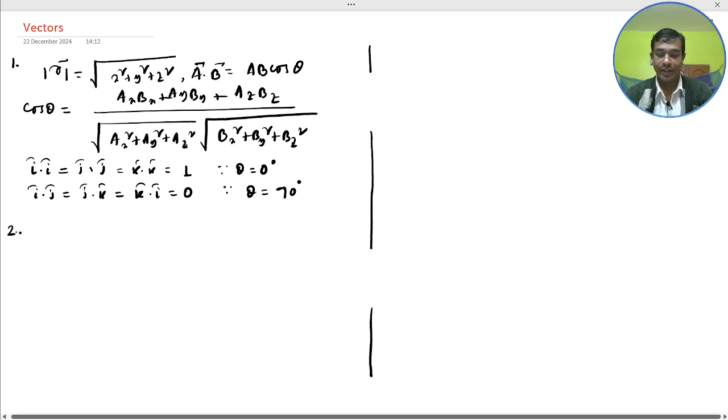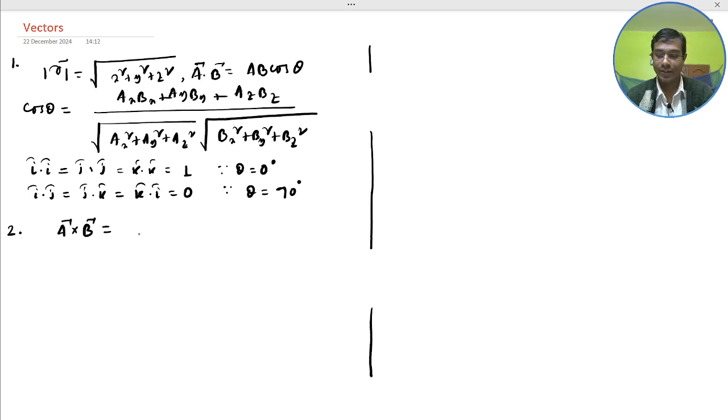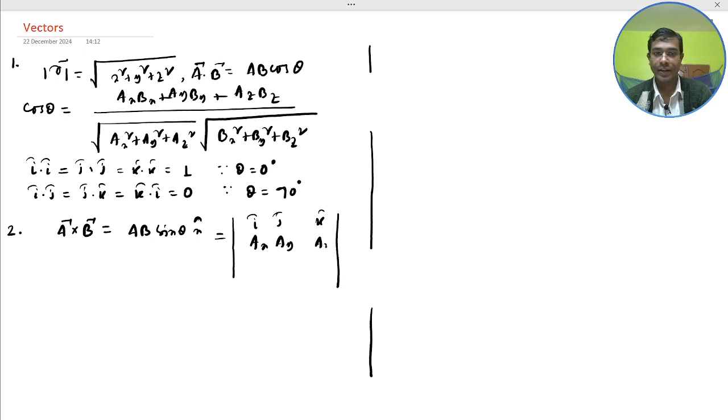Next one is the vector product. a cross b is defined as ab sin theta n cap. Basically it is the determinant of i j k and the components ax ay az, bx by bz.